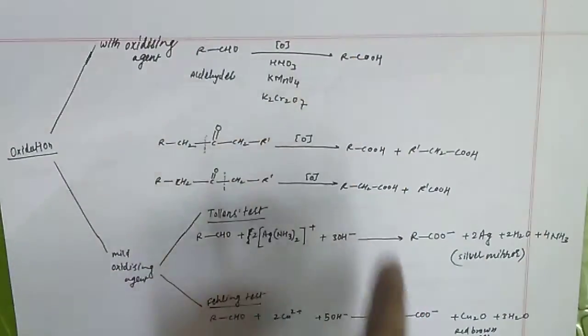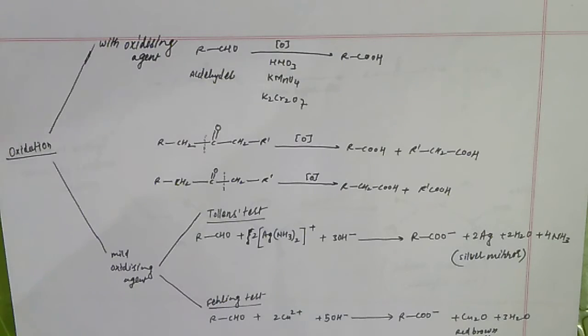Now let us move to another property, that is oxidation. Oxidation is also of just 2 types, just like the reduction: with a mild oxidizing agent and with a strong oxidizing agent. Ketone is not easily oxidized.